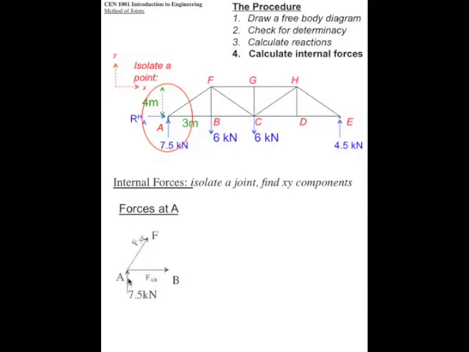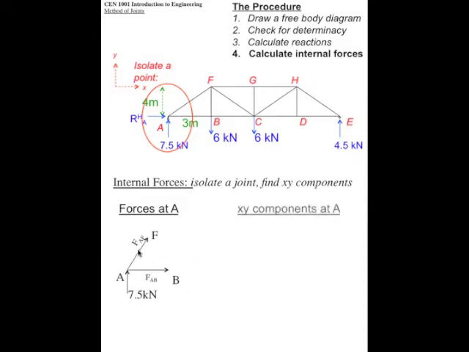Now again, there's something else I didn't mention the last time. It's a good idea to always assume the unknown forces are in tension. So they're pulling away, and I'll show you why in a minute. Okay, so this is the free body diagram of joint A. We have two unknowns and one known force.